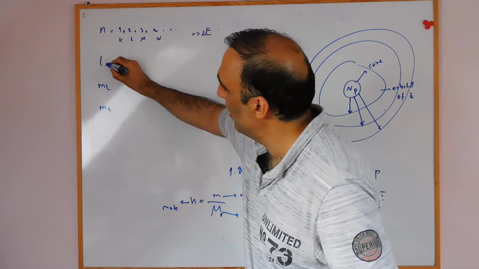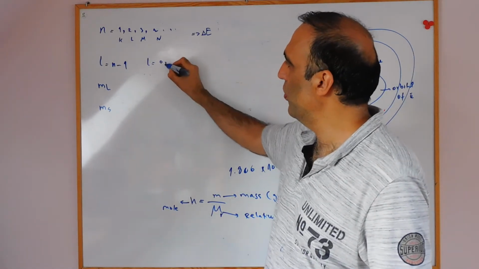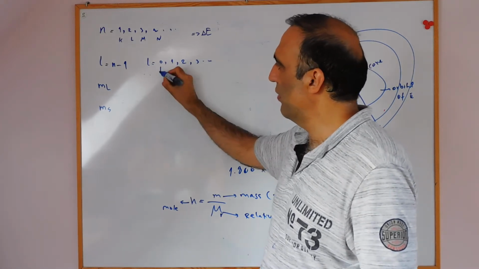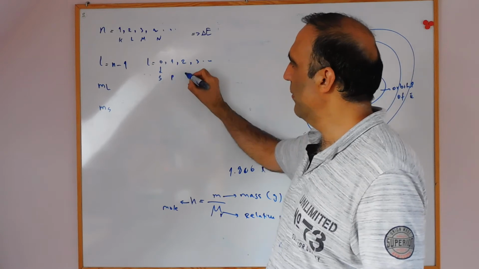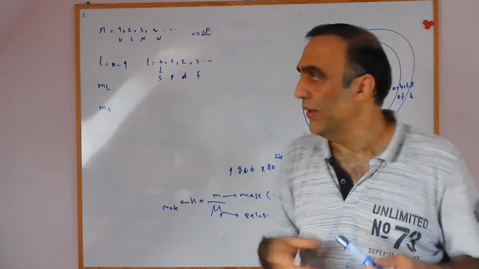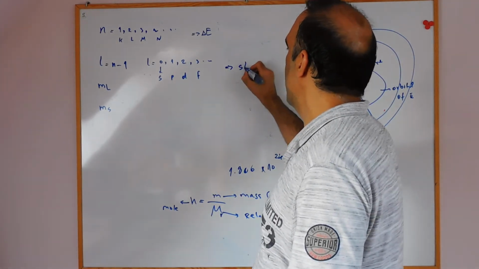And the second number is the angular quantum number. It is equal to n minus 1, so L equals 0, 1, 2, 3, or we can use S, P, D, F. This shows the shape of the orbital.